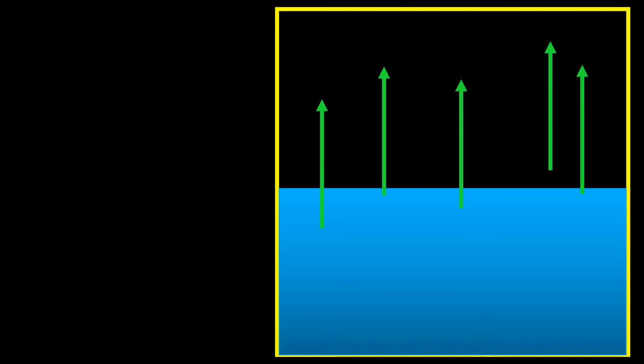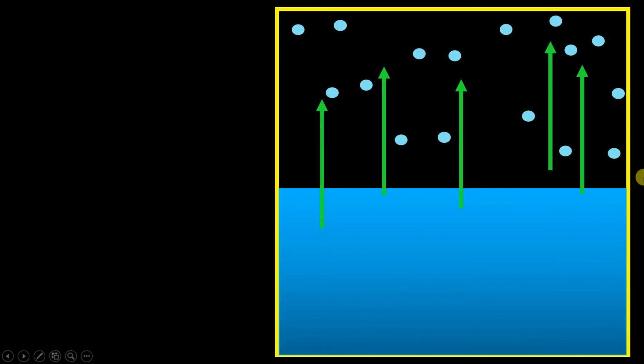Now, a volatile liquid evaporates even at room temperature. As we all know, when a liquid evaporates, it is obviously going to give us vapors. Am I right? And these vapors are going to get trapped inside this container because this is a closed container that we have taken.